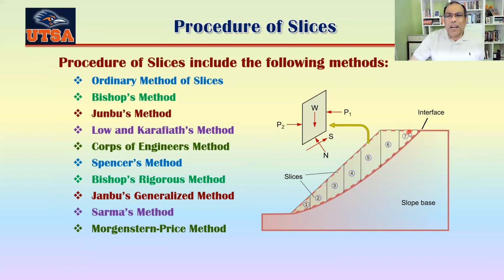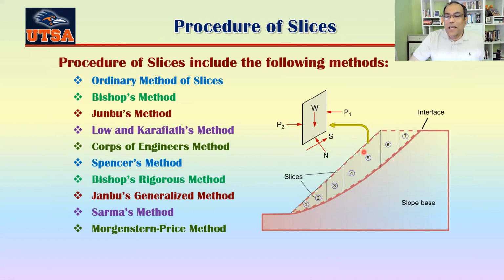So what's the advantage of this slice approach? For a small slice, you can see this is a regular shape so you can find out the area quite easily, okay? Then you can also find the normal force and shear force based on the weight, okay? And you can find the centroid of each slice quite easily.